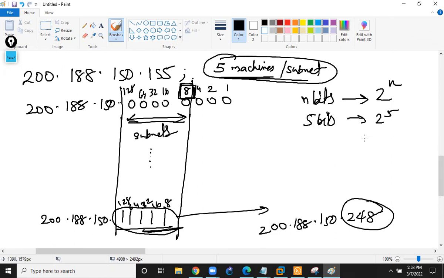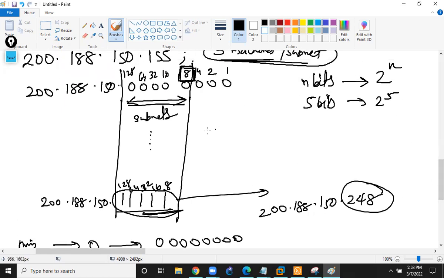8 machines. And how did you get 8 machines? One is a host, one is a network address, one is a broadcast address. Exactly. Let me tell you, the first subnet address would be 200.188.150.0.